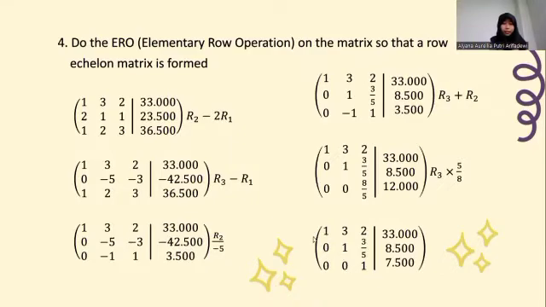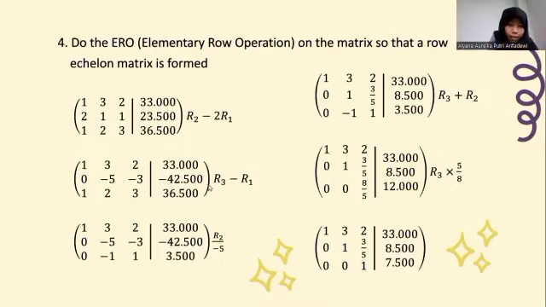The diagonal is 1 and under the diagonal is 0. So step 1 is row 2 minus 2 times row 1. So we got 0 in row 2.